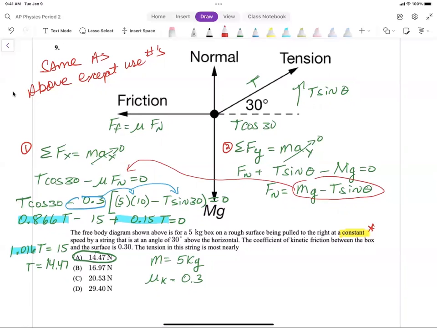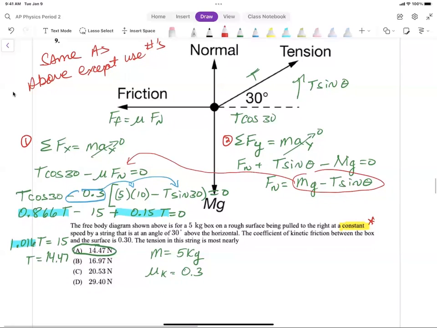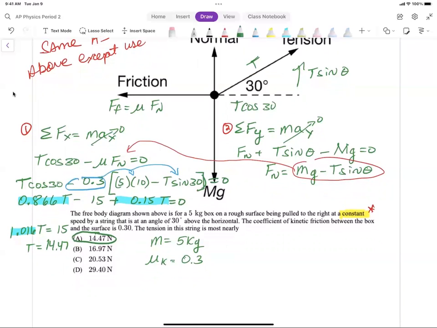When I was doing this quickly at home, I made the mistake of not including my negative as I distributed it through the second term in this little bracket. So be careful, make sure you don't make an algebraic mistake. If you distribute that through, you'll find that you can then combine 0.866 with 0.15 T, because those are the same terms.